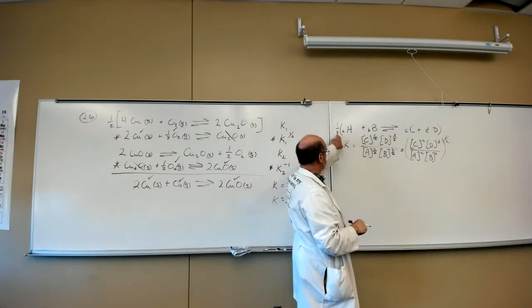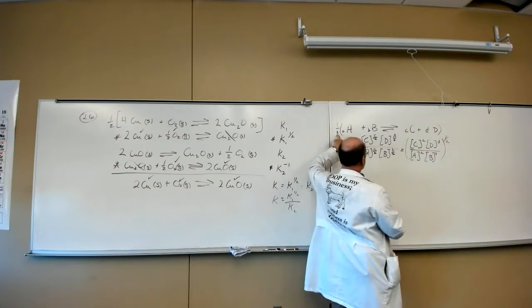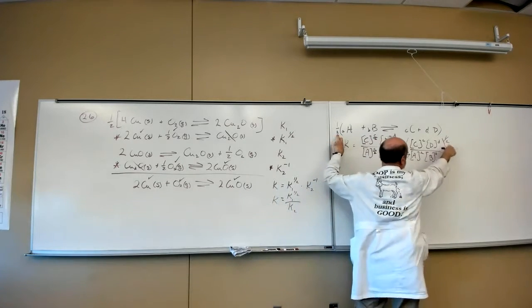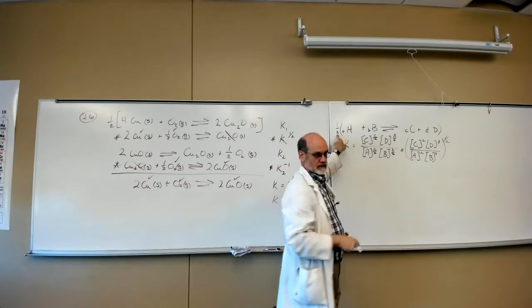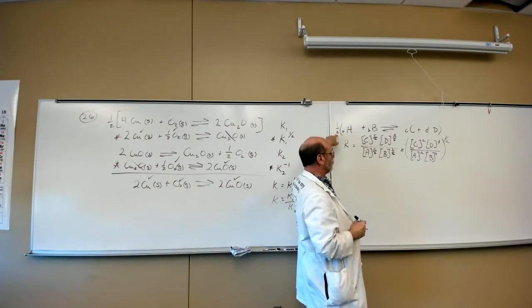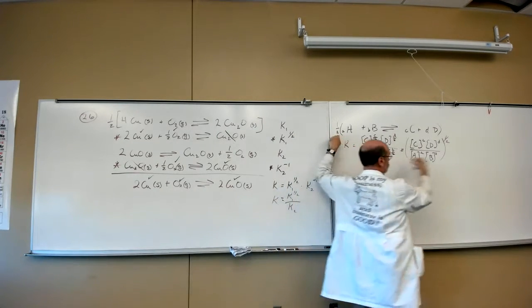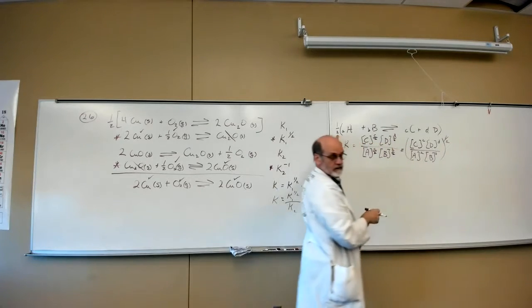So that's why this value is the same as that one to the half power. Or if you say double it instead, then it would be a 2 out here instead of a half.